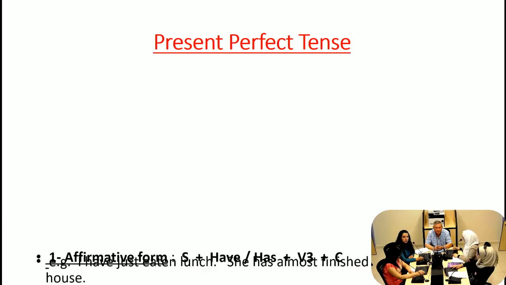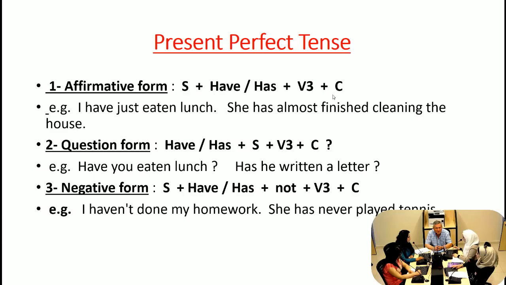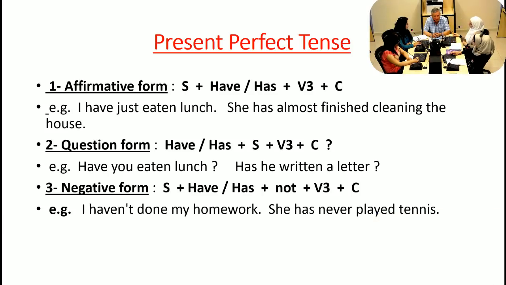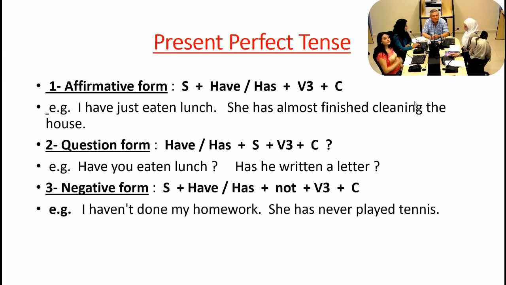Next, present perfect tense, Miss Sana. Yes. To form the present perfect tense in the affirmative form, we use subject plus have or has plus verb 3. For example, I've just eaten lunch. She has almost finished cleaning the house. We use has with she, he, or it, and the rest with have.